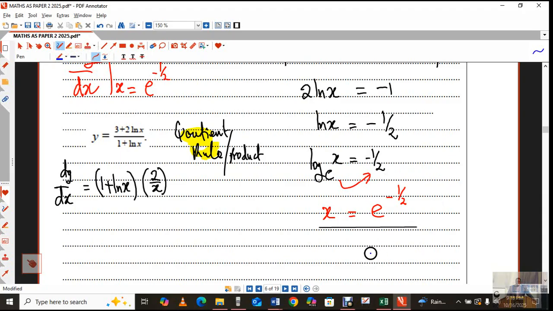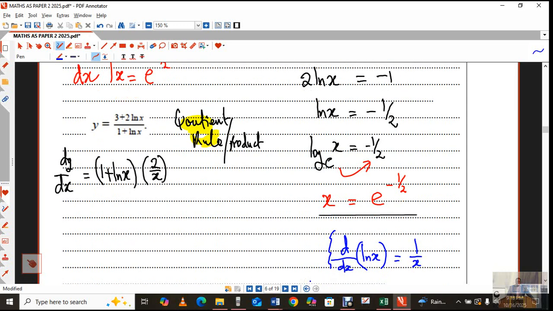That if you take d by dx of the natural log of x, it equals nothing but 1 over x. So that is 2 here, so that becomes 2 times 1 over x, which is 2 over x. Very important that you remember that.